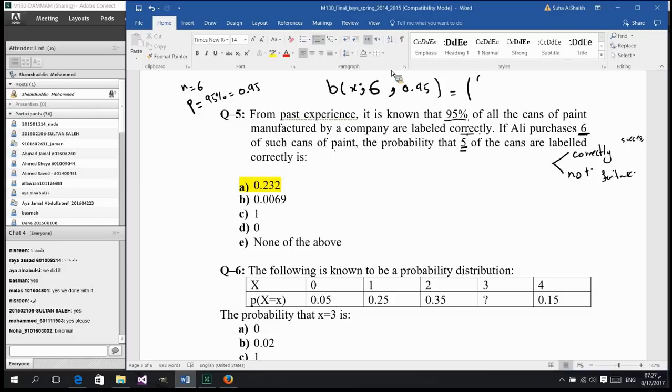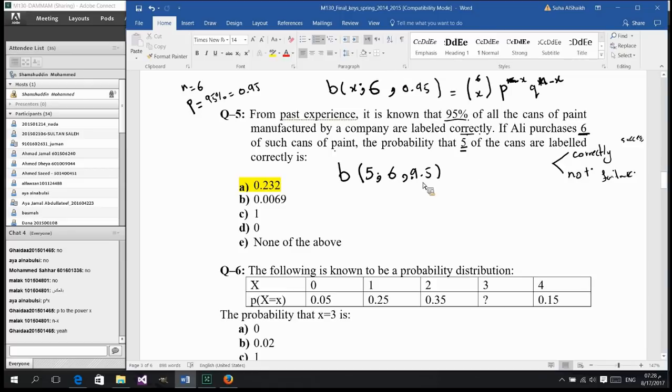The rule is n choose x, meaning 6 choose x, p to the power x and q to the power n minus x. My x is 5 and my n is 6. Good. So I'm talking about binomial of 5, 6, and 0.95.